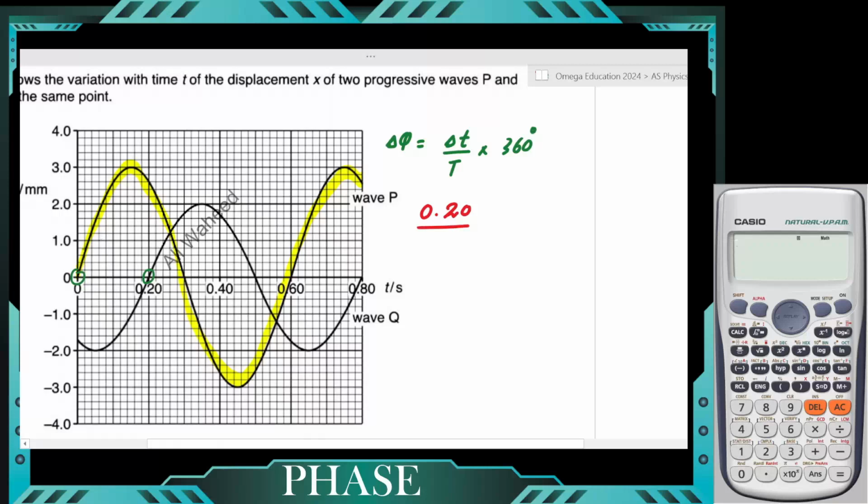So I'll find the time period of this one. It completes over here, 0.60 seconds, times 360 degrees. We open up the calculator, we do 0.2 divided by 0.6 times 360 degrees, and we get 120 degrees as the phase difference between the two waves.